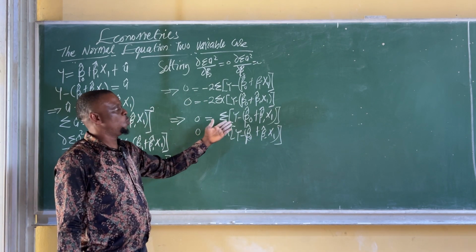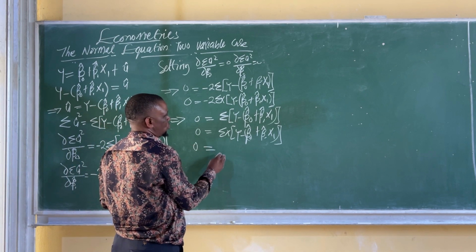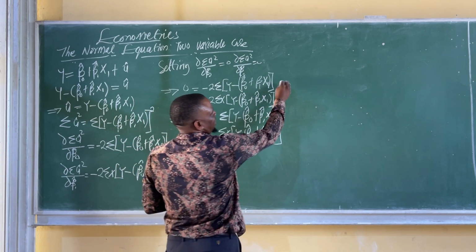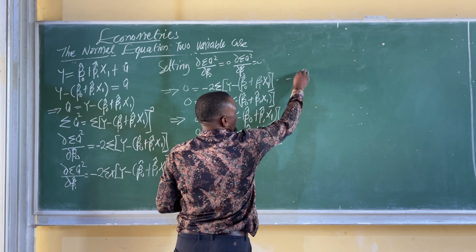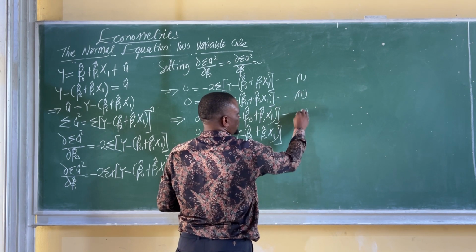Now the next thing is to open the bracket. Remember that this is our equation 1, and this is equation 2. This is the continuation of equation 1.